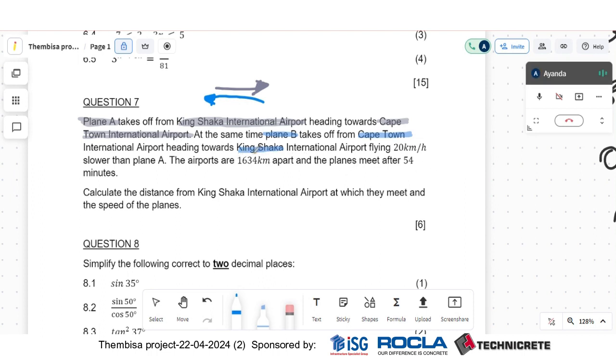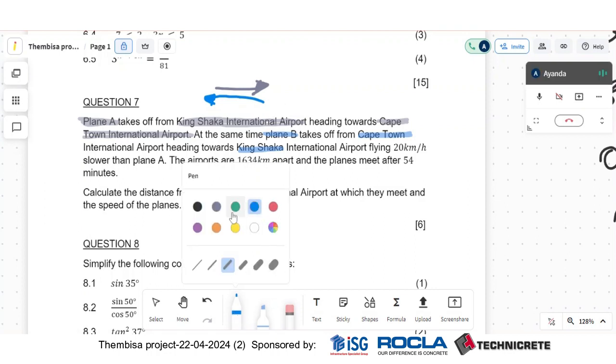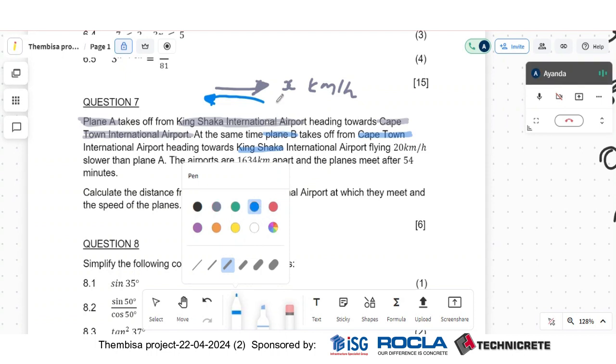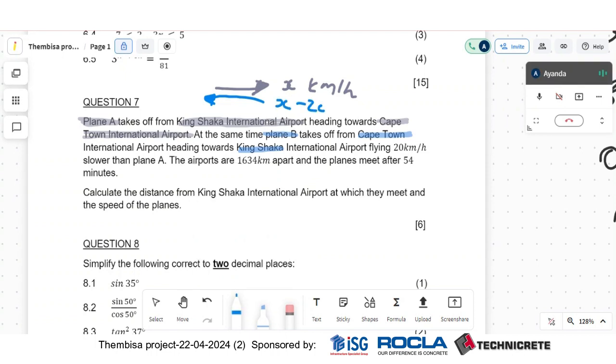Now, plane B, we're told, is flying 20 kilometers per hour slower than plane A. So this plane is flying at x kilometers per hour, and plane B is flying at x minus 20 kilometers per hour.